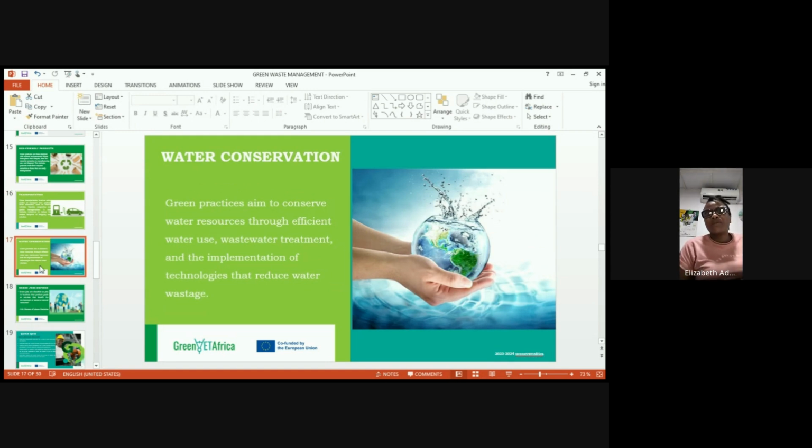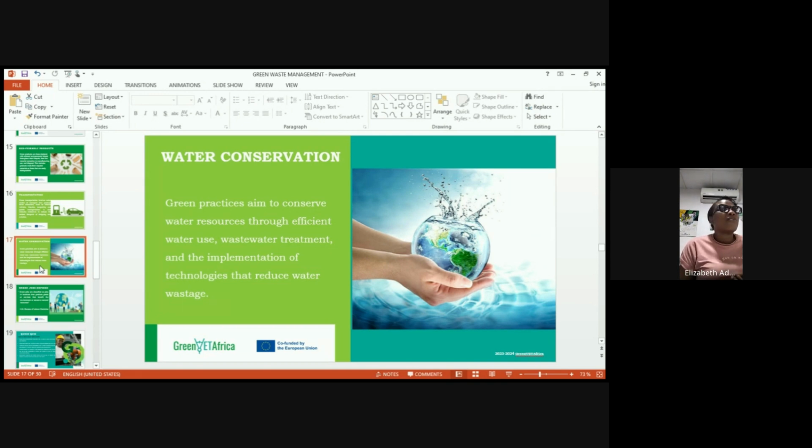Another thing we consider when we talk about green environment is water conservation. Green practices that aim to conserve water resources through efficient water use, wastewater treatment, and implementation of technology that reduces water wastage. What are we saying by this? I'm sure we now know that in some hotels or some buildings, they now have taps that have remote sensors that can sense when you are close to them.